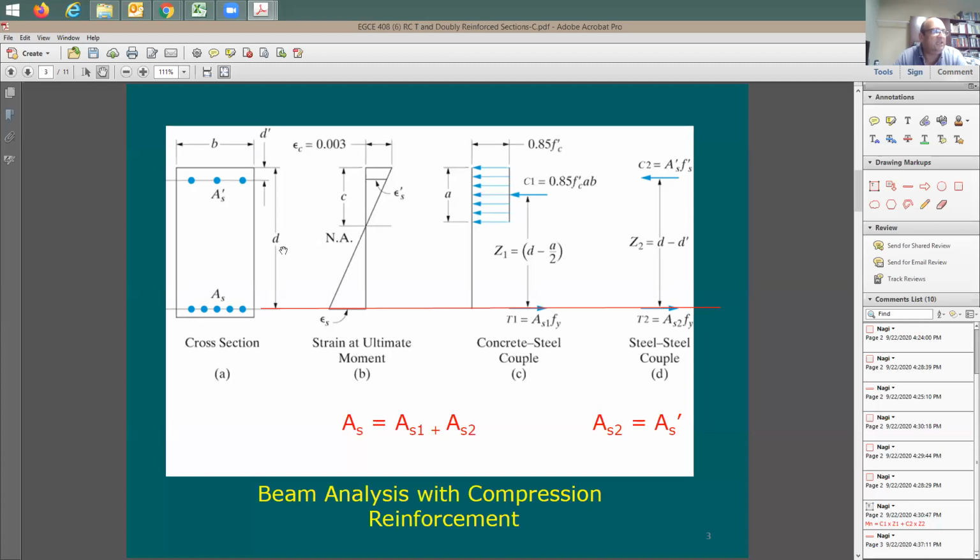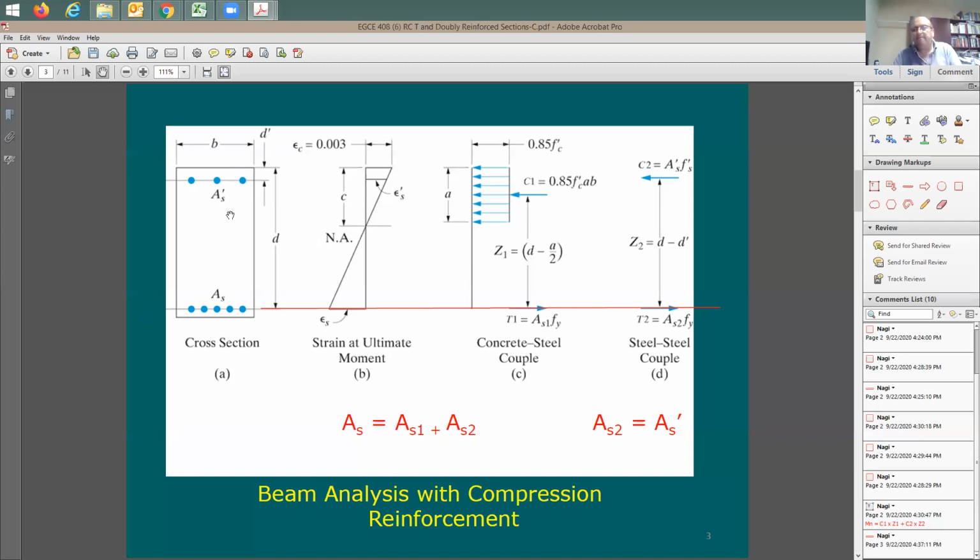So once this section is given to you, you're going to say AS2 equals AS prime, and AS1 equals AS minus AS prime. Does this make sense? Or no? Yes?